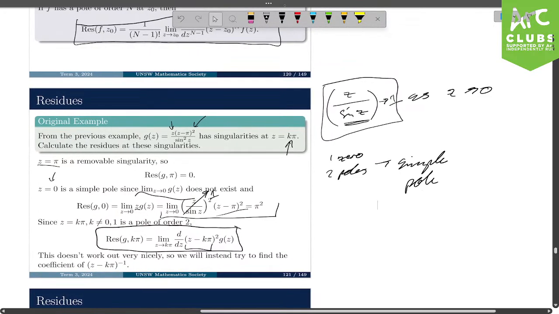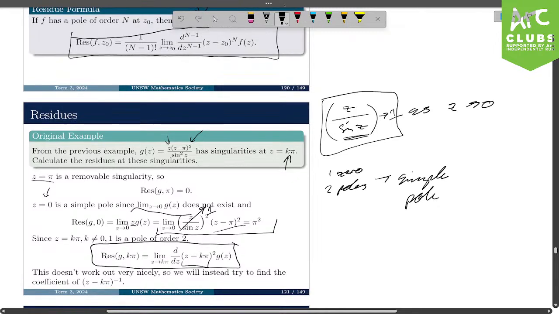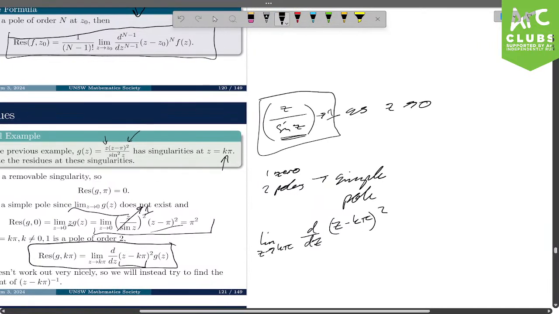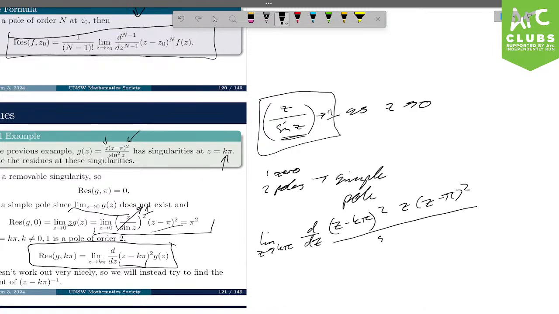What we don't know how to deal with is the limit of z to k pi of the first derivative, d on dz, of z minus k pi to the power of 2 times z minus pi squared all over sine squared of z. Okay, we don't know this value.